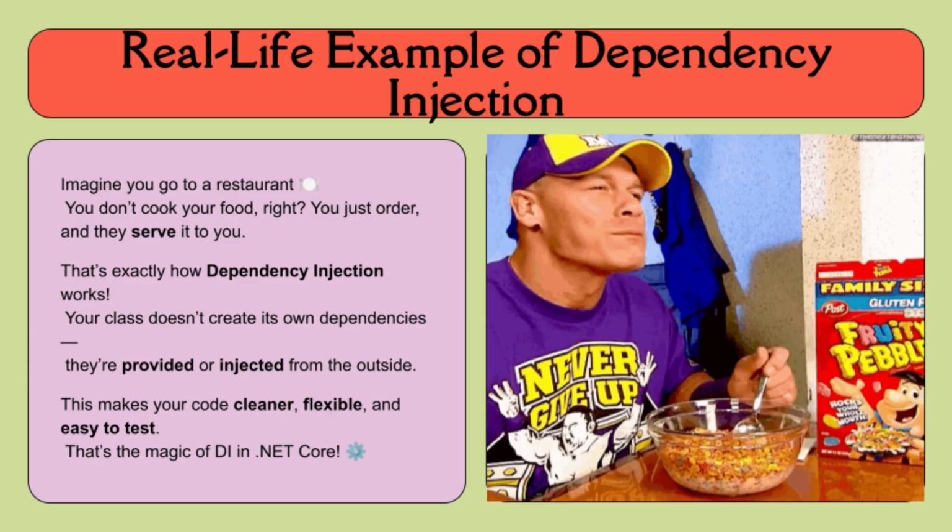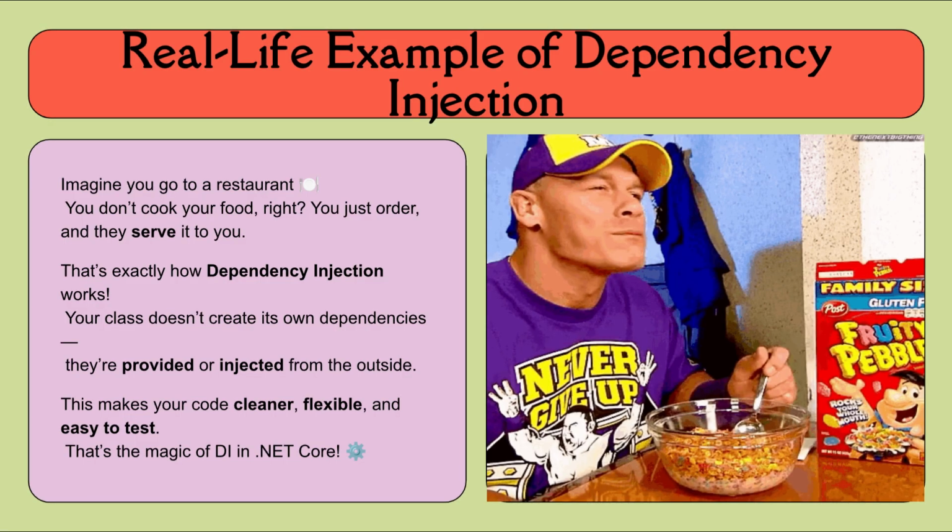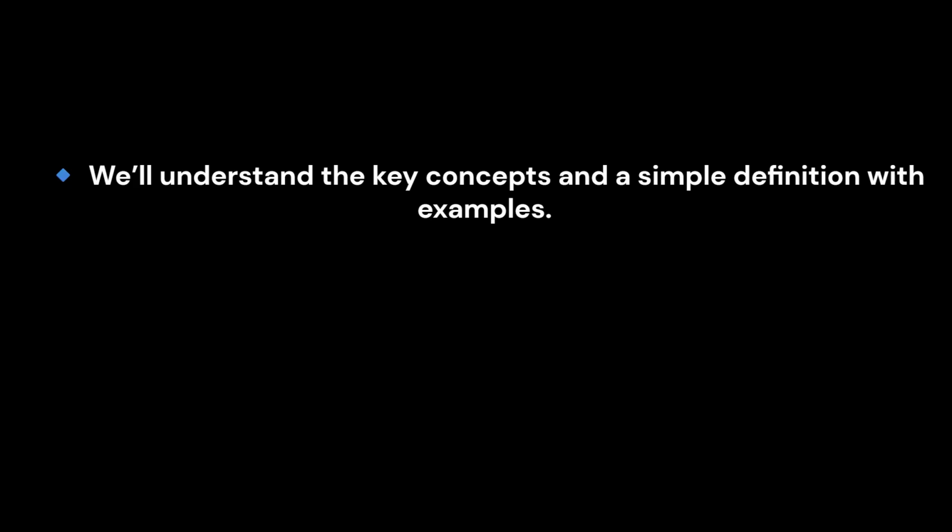We will also go through 2 to 3 practical examples to see how dependency injection actually works in real world .NET Core projects. Since this is a big topic, I have divided it into 3 parts. In the first part, we will understand the key concept and simple definition with examples.